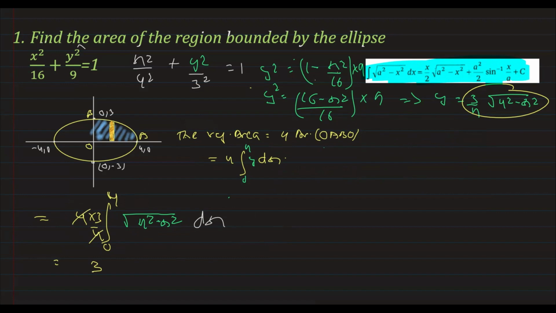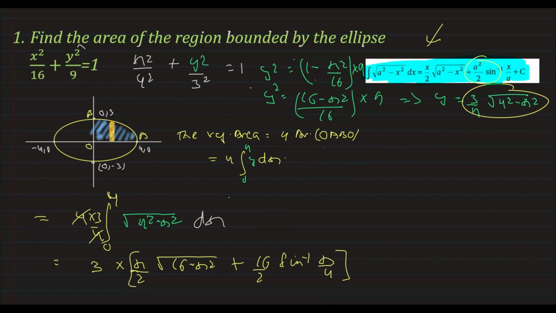And integration of this using this formula is x over 2 under root a square minus x square, that is 16 minus x square, plus a square by 2. What is a here? A is 4, right? So 4 square is 16 over 2 sine inverse x over a, and a is 4. And the limit on placing is from 0 to 4.